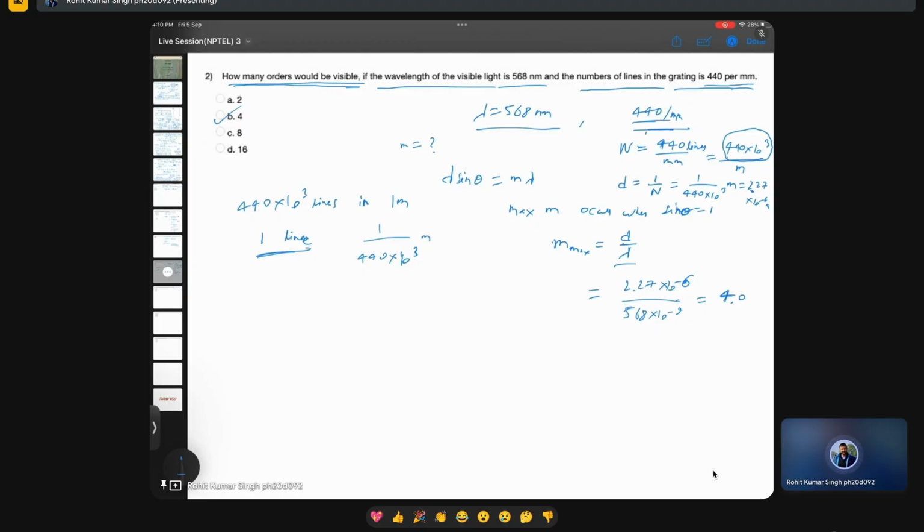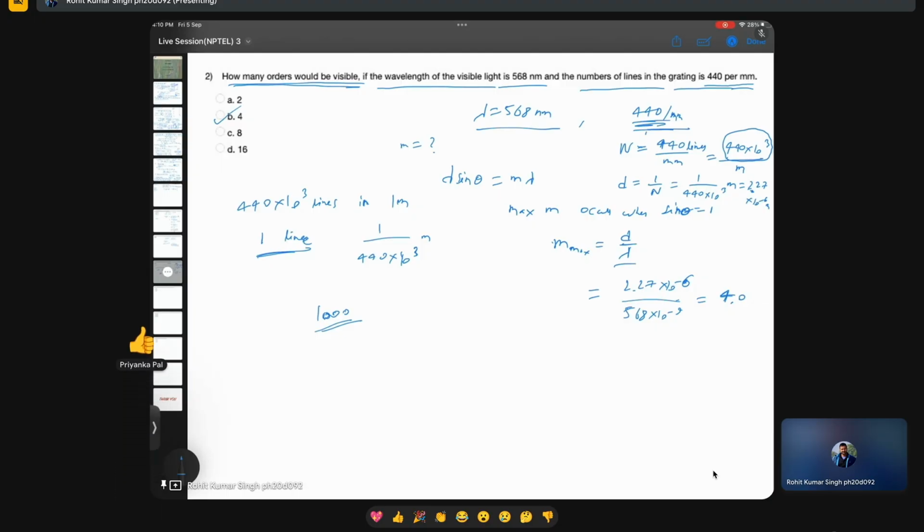So if you want to see more orders of the interference maxima, then you have to use more lines in a meter. You have to increase to 1000 or 10,000, whatever. The more lines there are, the more orders will be visible. Is it fine?